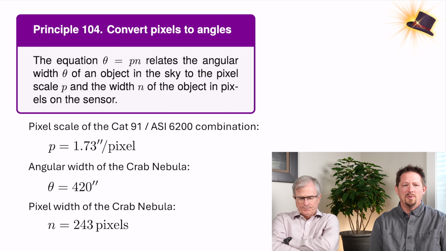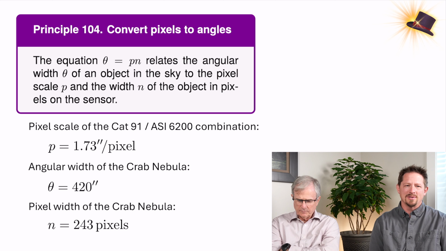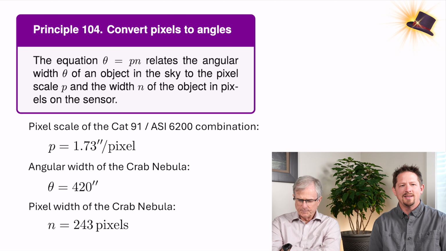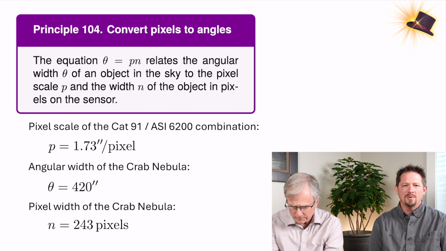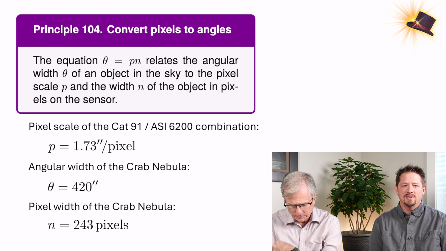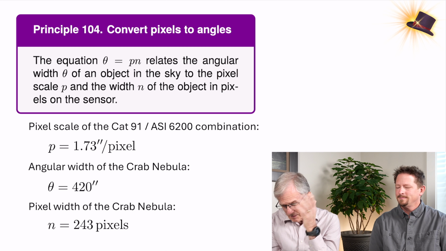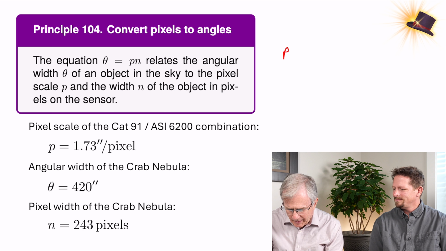Great. Principle 104: convert pixels to angles. The equation theta equals p n relates the angular width theta of an object in the sky to the pixel scale p and the width n of the object in pixels on the sensor. So this is kind of a no-brainer, really, at the end of the day.